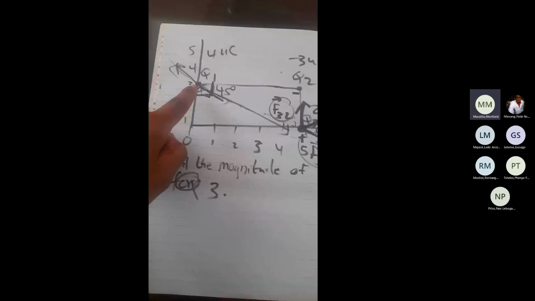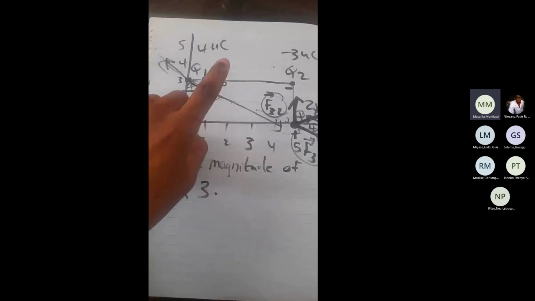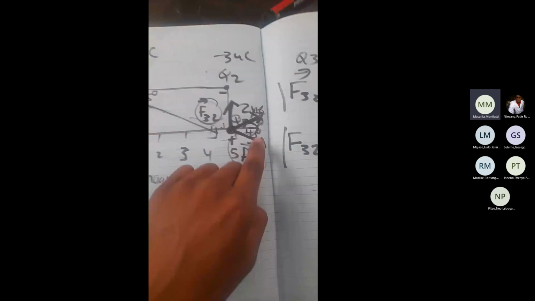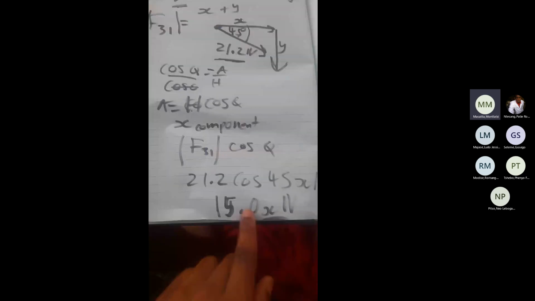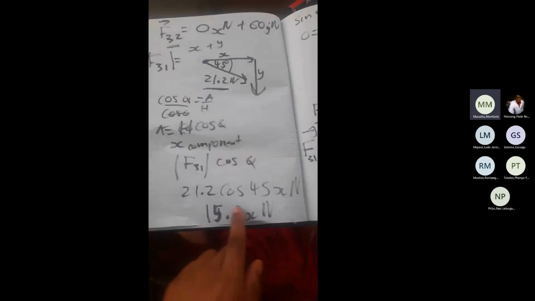The distance is the same as the other distance, 21.2. Then we resolve each force into x component and y component. Here one force into the x component, and the other force into the y component.